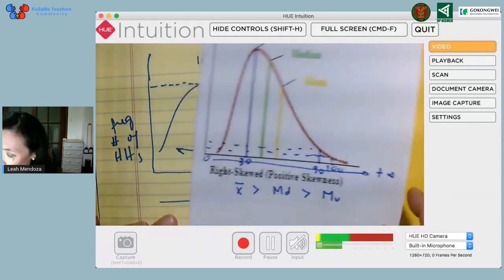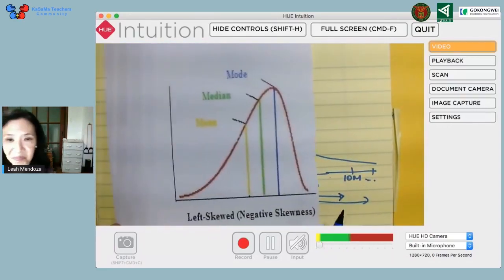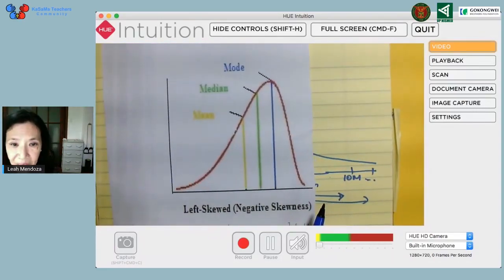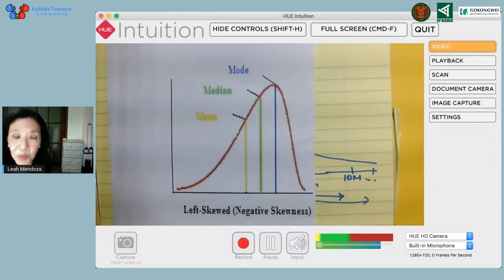Now, on the other hand, you have a curve that looks like this. Okay, it's negatively skewed. And so again, remember, in a symmetrical distribution, like the normal curve, the mean is equal to the median is equal to the mode. But not in skewed distributions.